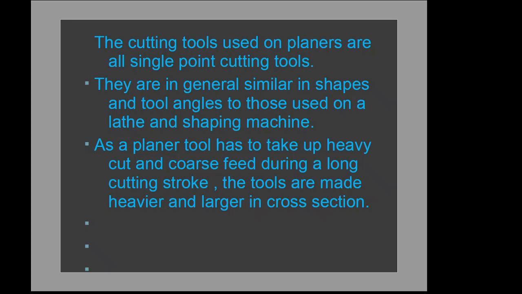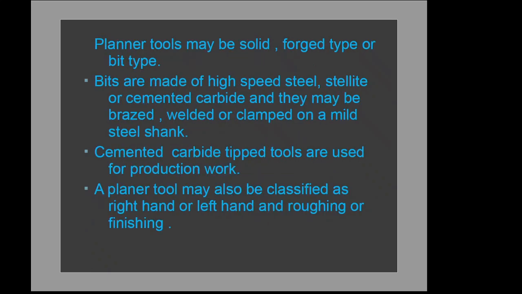This is because planer tools are used for heavier machining operation as well as coarse feed during cutting stroke. Planer tools are usually forged solid type tools or forged bit type tools.